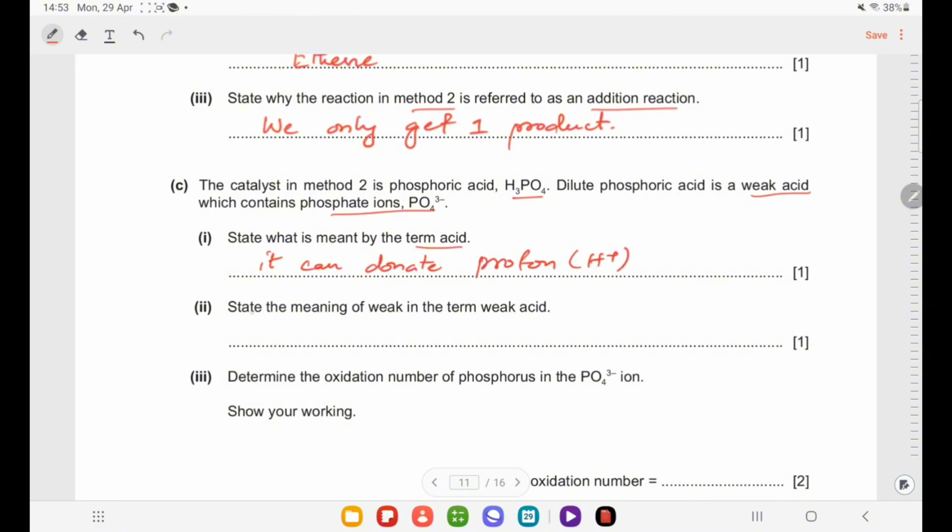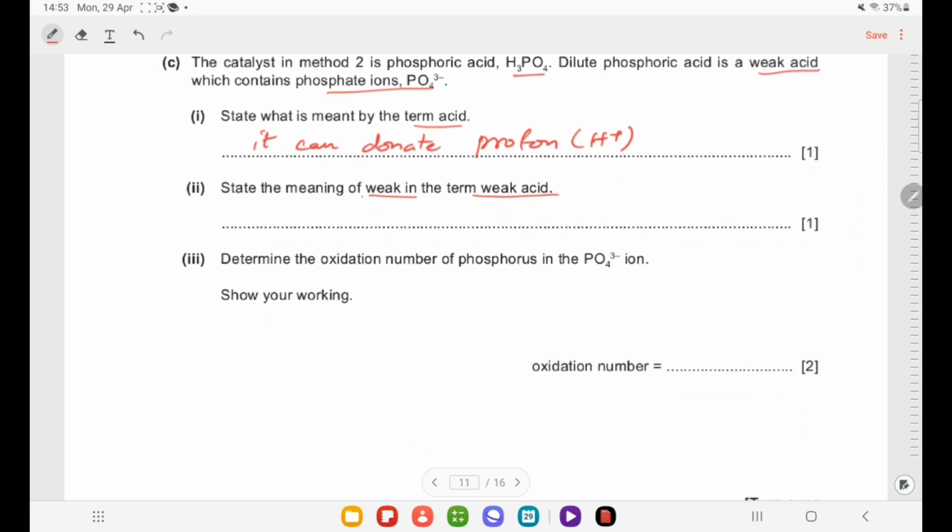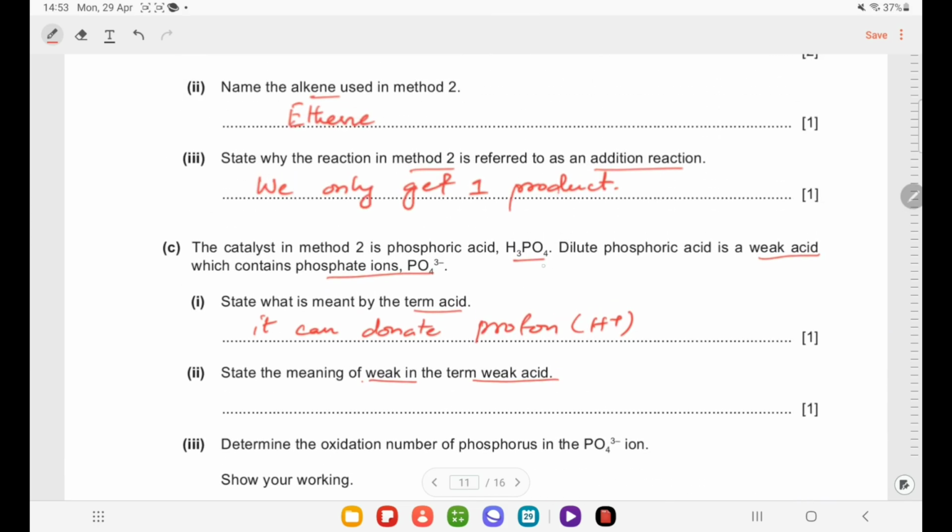Second part says state the meaning of weak in the term weak acid. We have learned in acid base concepts that a weak acid is an acid which does not completely dissociate into its ions. For example, if we have 10 molecules of phosphoric acid over here, might be 2 or 3 out of 10 would dissociate into its ions.